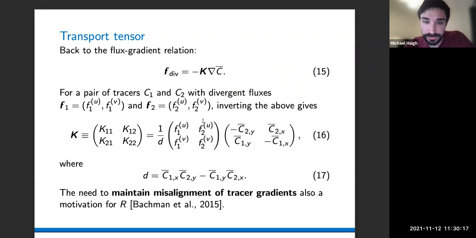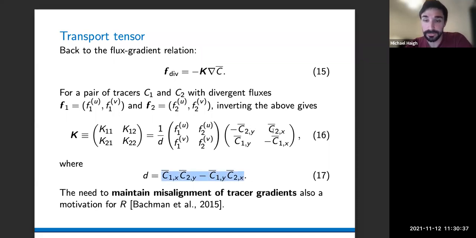The first matrix is just made up of the components of the two eddy tracer fluxes. The second matrix is made up of the large scale tracer gradients. And then the product is divided by this determinant here, where the determinant is essentially the product of the different tracer gradients.